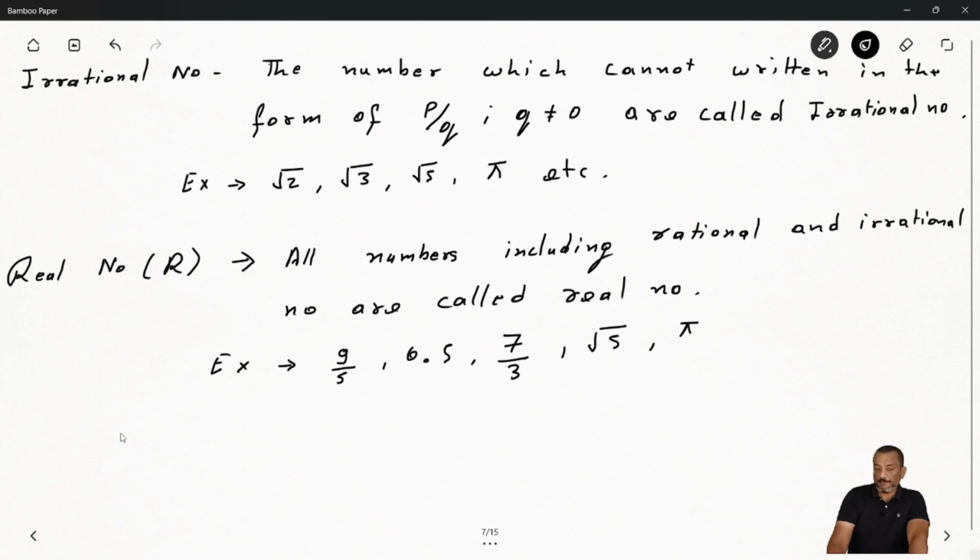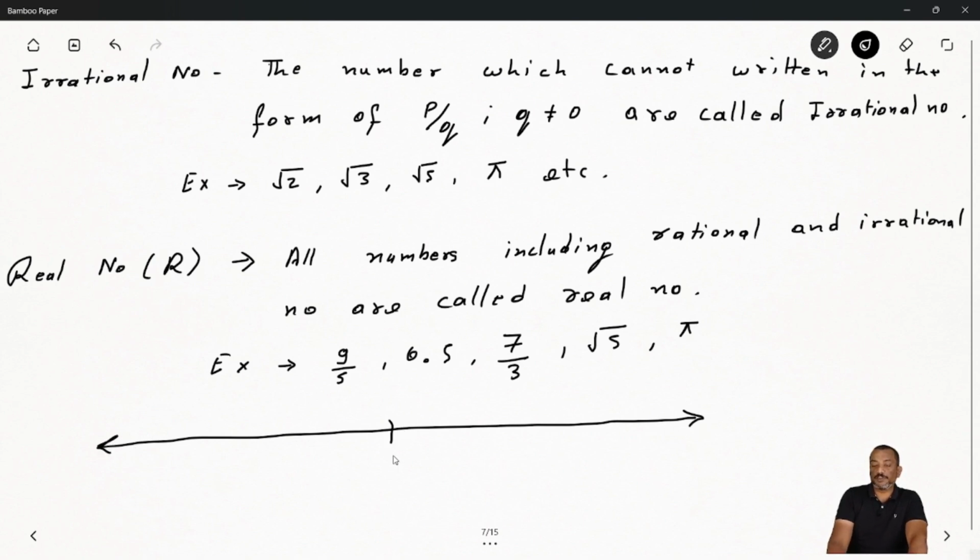Now you have seen the number line. So what is this number line? Basically it is 0, and on the right side you have 1, 2, 3, 4, and it will go up to plus infinity, and on the left side it will be -1, -2, -3 and -4, and it will go up to minus infinity.